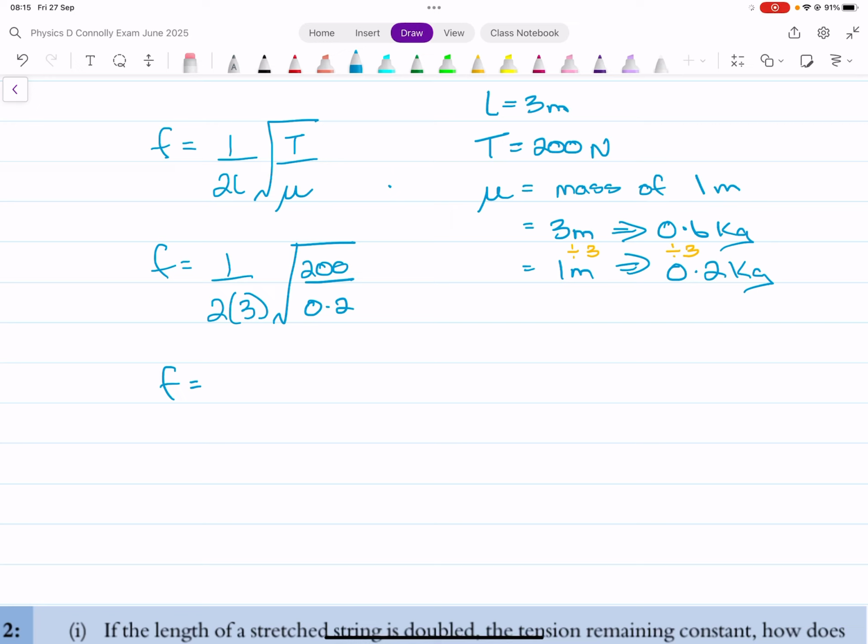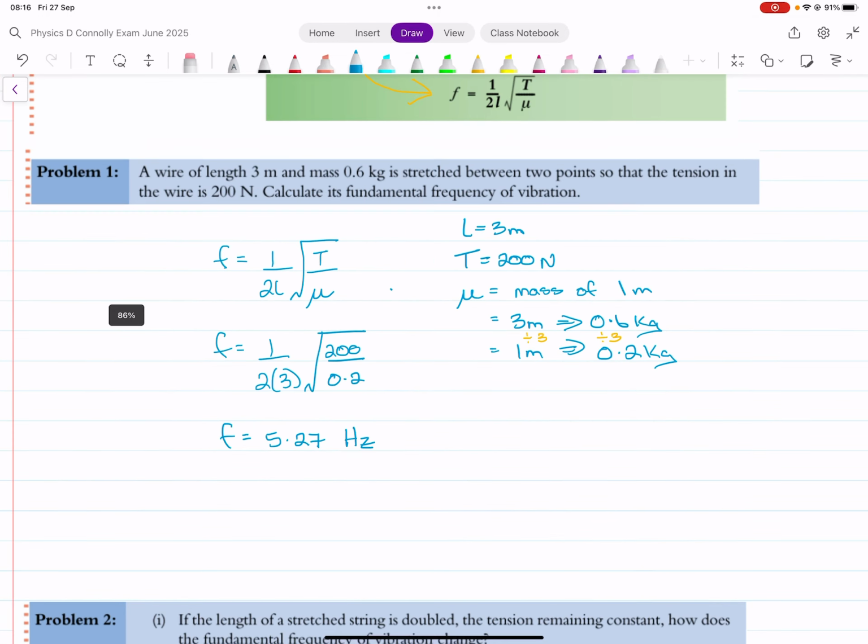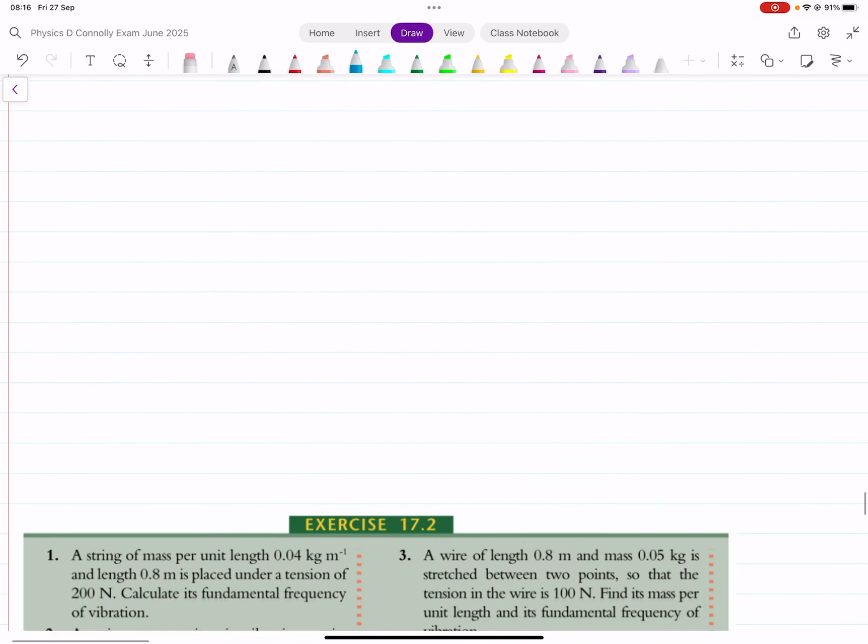Sorry, just going to double check I did that right. 1 over 2 times 3, square root of 200 over 0.2. Yeah, 5.27, and it's a frequency, so hertz. Is that all right?